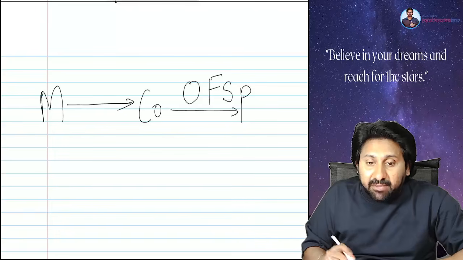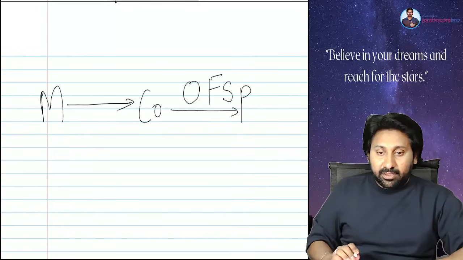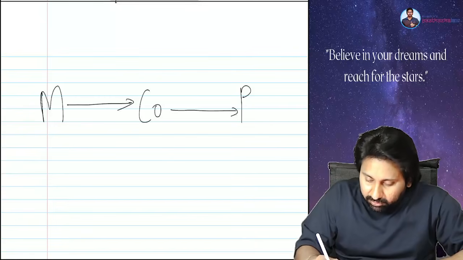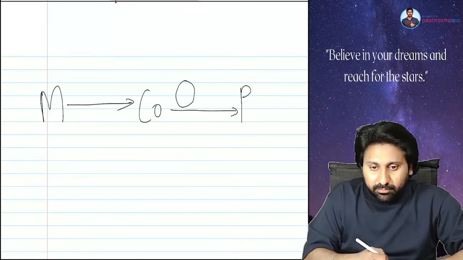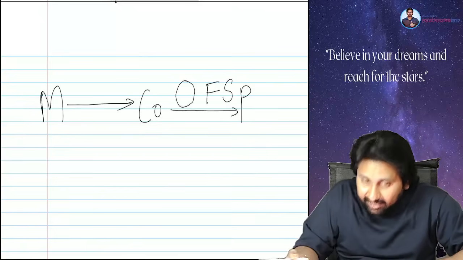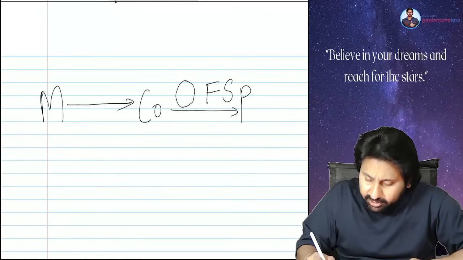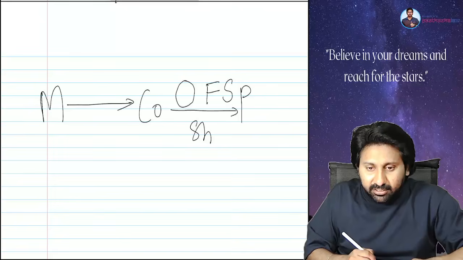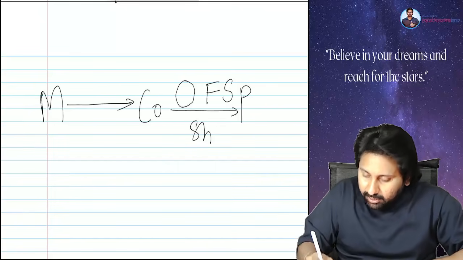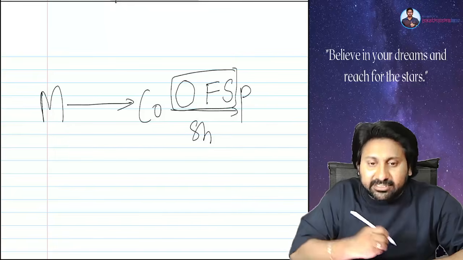That's why the name came as offer for sale. Start again. The company will give an offer. For what? For sale. Sale of what? Shares. To whom? Public. Everyone repeat, what is this?